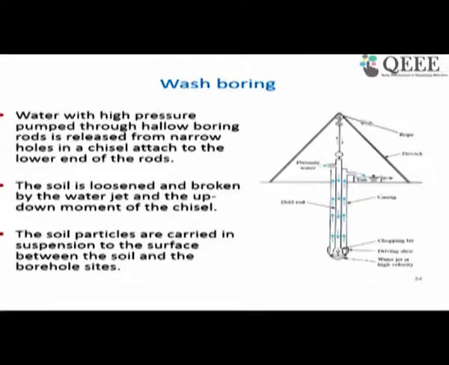There will be a small hole through which a water jet will pass and attack the base of the soil, which will get dissolved. The soil is loosened and broken by the water jet and the up-down action of the rod. Once that is loosened, the soil particles will be carried in suspension to the surface between the soil and the borehole site.